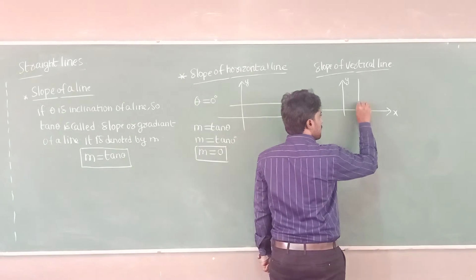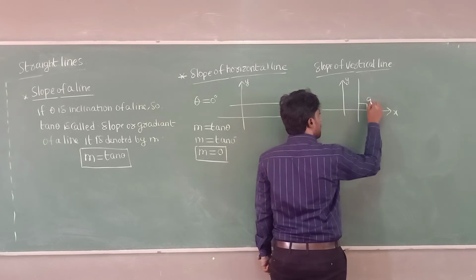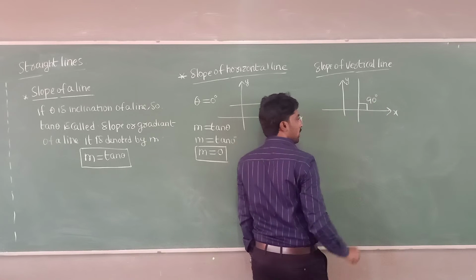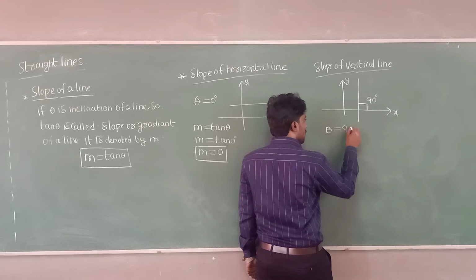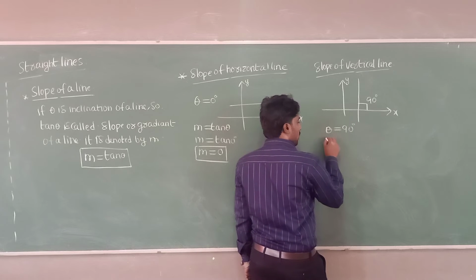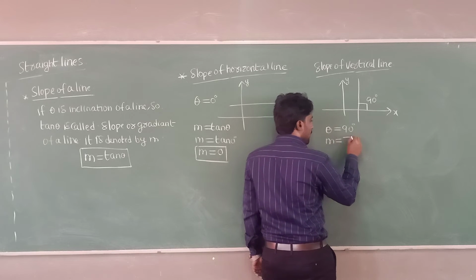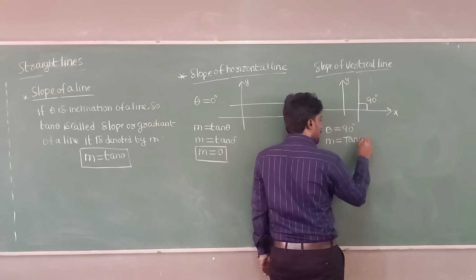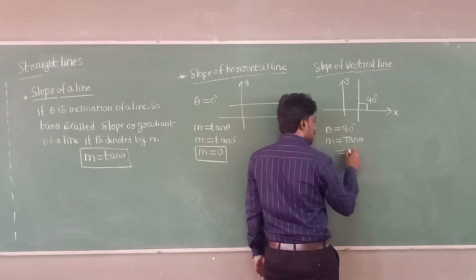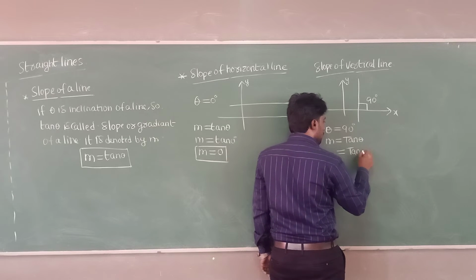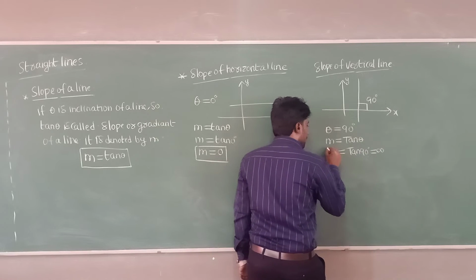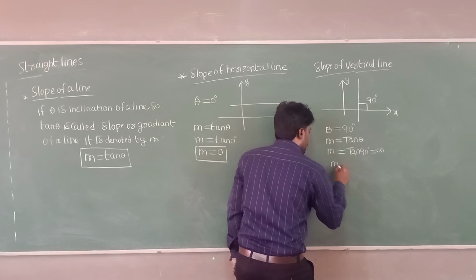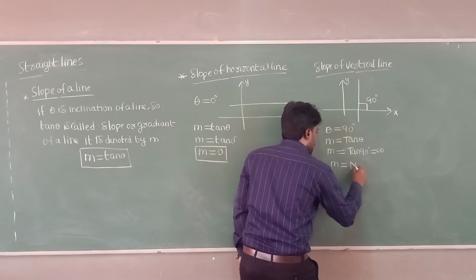Perpendicular means the angle between this vertical line and the x-axis becomes what? 90 degrees. So the inclination becomes theta equal to 90 degrees. The slope formula is m equal to tan theta. Substituting 90 degrees, tan 90 degrees value is infinite. Infinite means the slope of the vertical line is not defined.